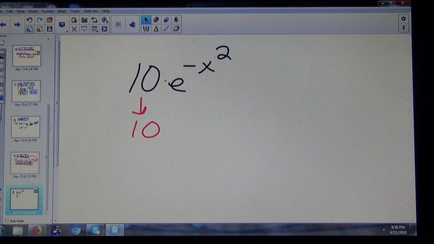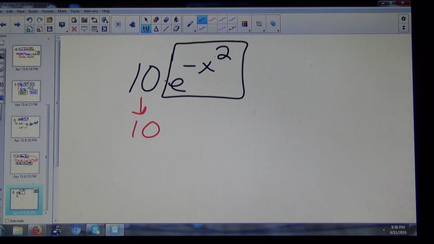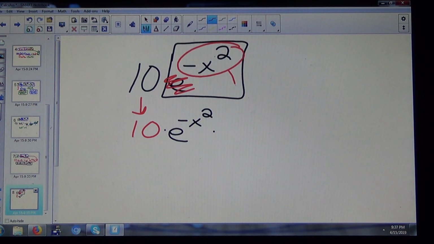Alright, so derivative of e to the x. Well, this is my second part, so derivative of e to the x is still e to the x times, so I've already done e to the x, what part haven't I done the derivative of yet? Okay, and the derivative of that would be a negative 2x.